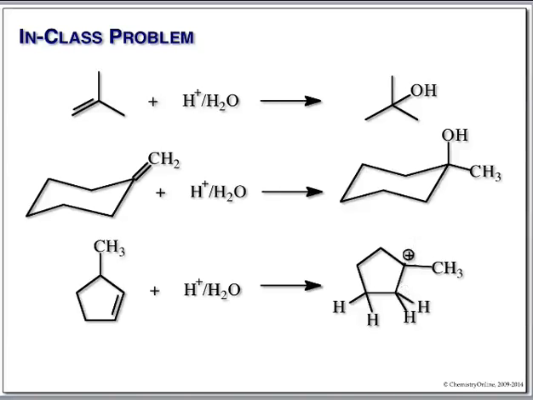This is called a 1,2 hydride transfer. We'll talk a whole lot more about these in the future. Again, hydride, hydrogen with its electron pair, this whole thing simply slides from here to here.